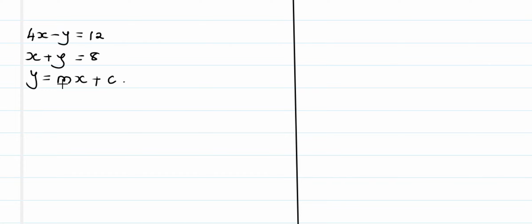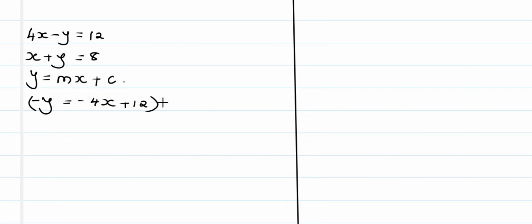We can start with the first equation, and you see here we can start with that negative y. We leave it on this side, then take this 4x to the other side, which now will be minus 4x plus 12, this one. So I only want y here. I don't want negative y.